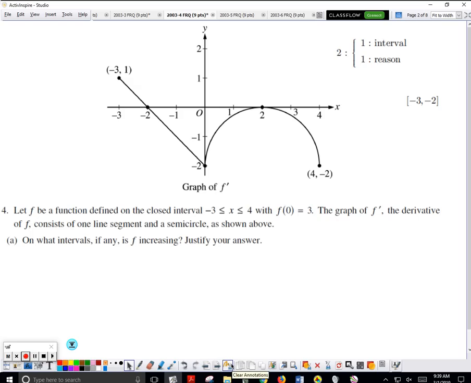And on what intervals, if any, is f increasing? Justify your answer. Straight from the chart, f is increasing when f prime is positive. So I write down f is increasing for -3 to 2.